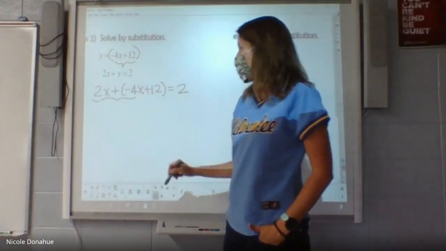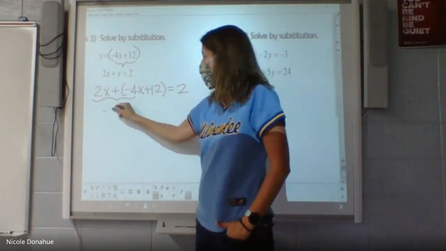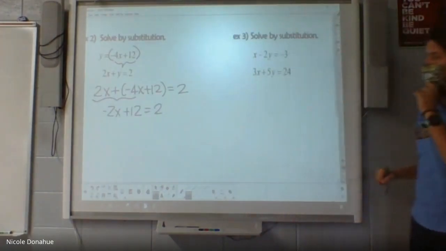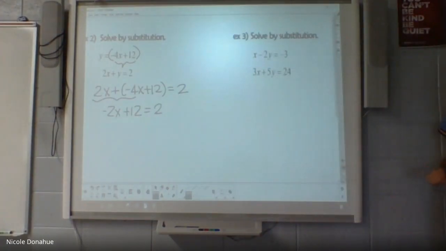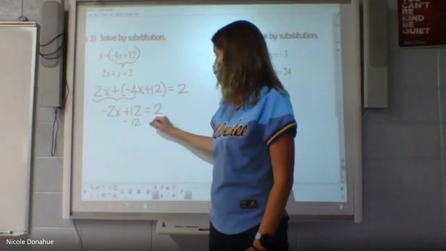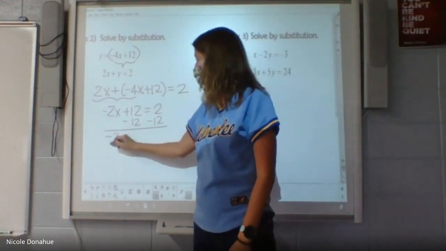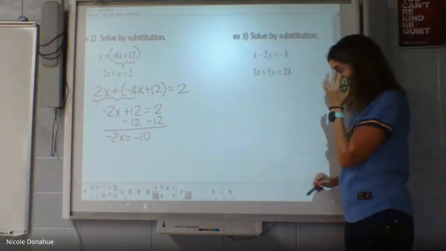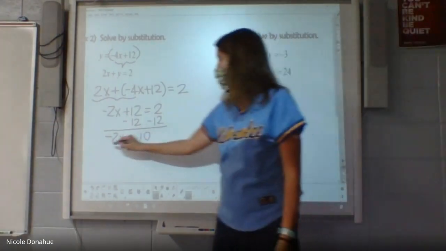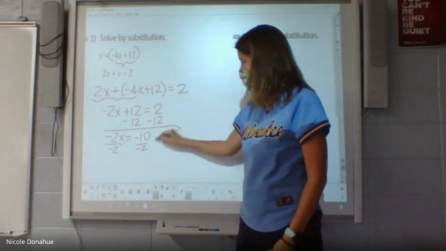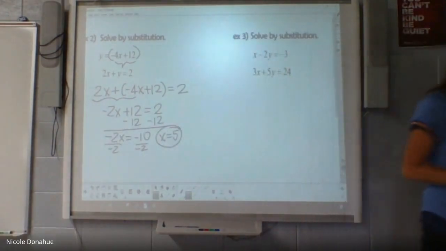So nothing changes there, so I'm just going to leave it out. So I'm ready to solve for x now. So x ends up being 5.